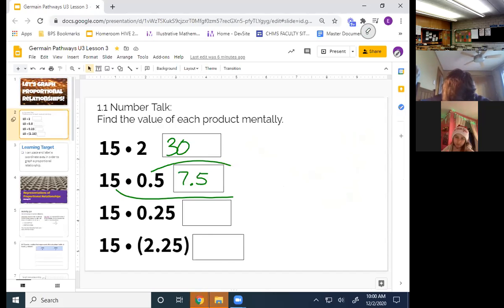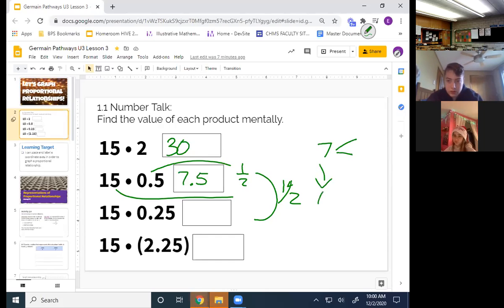Okay? So now we're looking at 15 times 0.25, which is like saying half of a half. So if I'm looking at that 7.5, I need to break it in two. I have 7, which can be broken into, 7 is equal to 6 and 1. So that's 3 and a half.